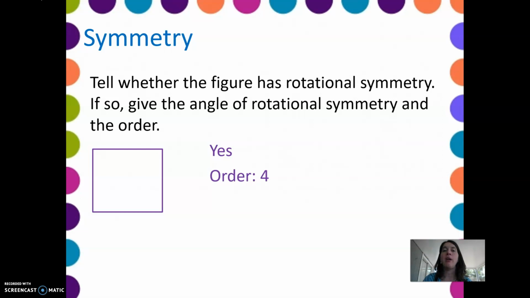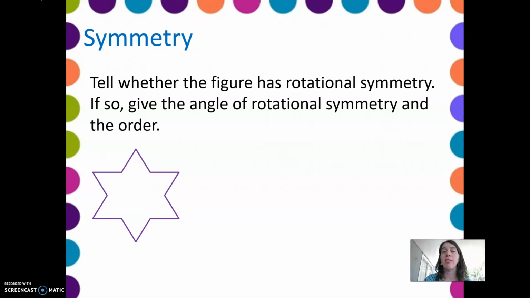I see 1 from the original picture, then I can turn it 3 more times to get a total of 4 for the order of rotational symmetry. The last thing we have to answer now is the angle. In order to find the angle, I do 360 degrees divided by how many times I saw the picture, which was 4. 360 degrees divided by 4 gives us our angle of rotation of 90 degrees.